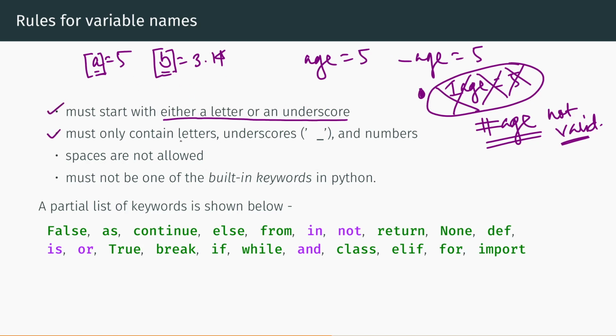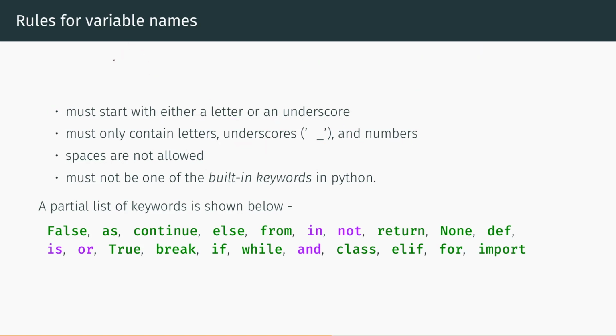The second point is the variable name must only contain letters, underscores, and numbers. So examples of valid names for variables would be age, age1. That's valid, because numbers are allowed but not at the beginning. It must start with a letter or underscore, but then it can have any combination of letters, numbers, and underscores.